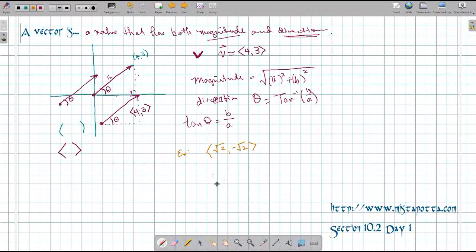When I'm talking about a vector like this, I'm talking about a vector that's going to be moving to the right a certain amount and down a certain amount. So I'm talking about a vector that's down here. It's important to note that we're talking about a vector in the fourth quadrant.